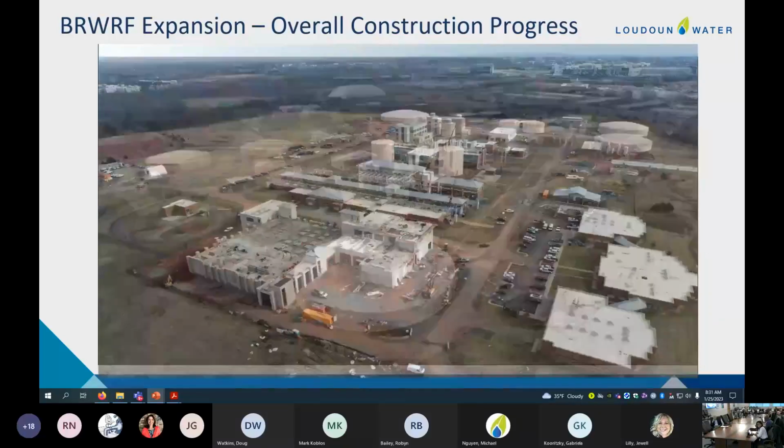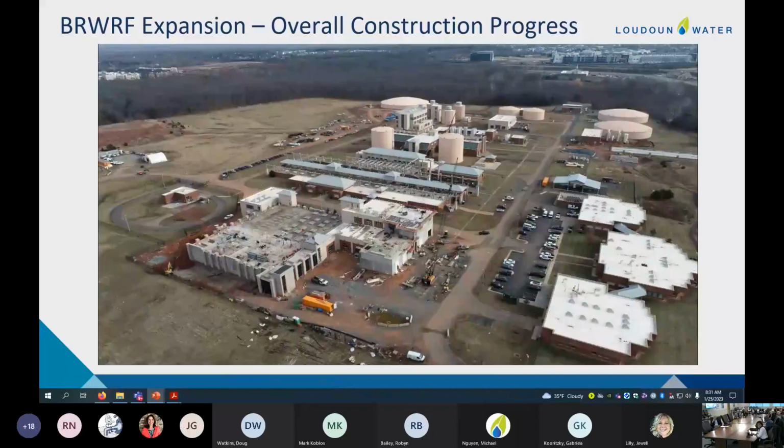But we really need to flip things around and look northeast. This view shows you the heaviest area of physical construction, the clarifier building expansion and the screen and grit building expansions. Those footprints are firmly established for the expanded area. I'll talk a little bit more about that in upcoming slides.